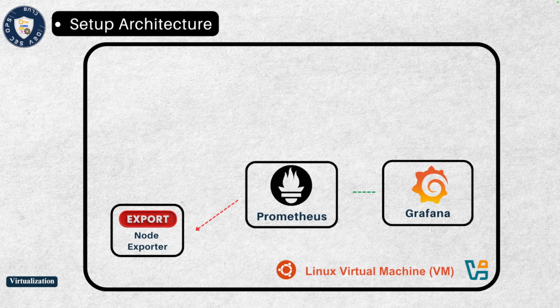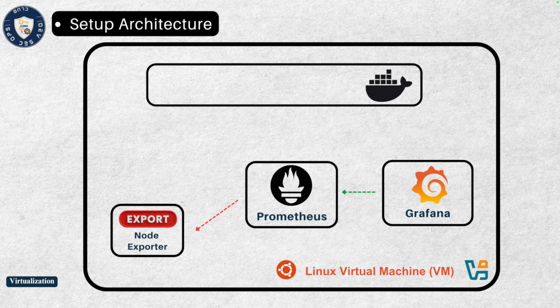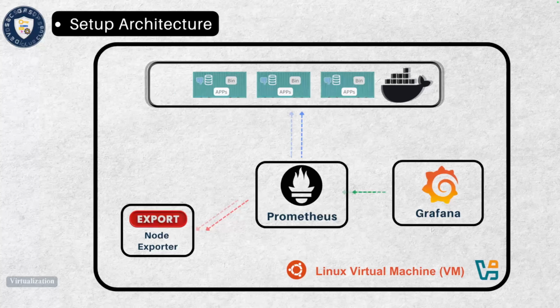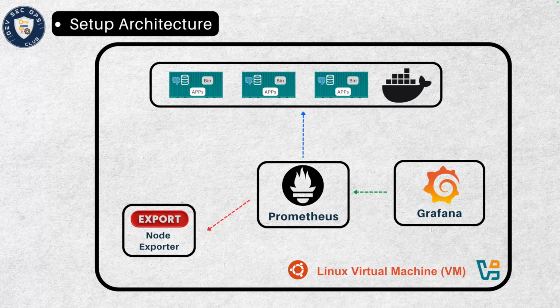And we have Grafana, which visualizes all the metrics stored in the time series database from Prometheus. Then we'll have the Docker installation and configuration, so Prometheus can scrape the metrics from its endpoint. We'll spin up some containers and see how Prometheus behaves, how we can see the metrics, and what happens when we have more containers.